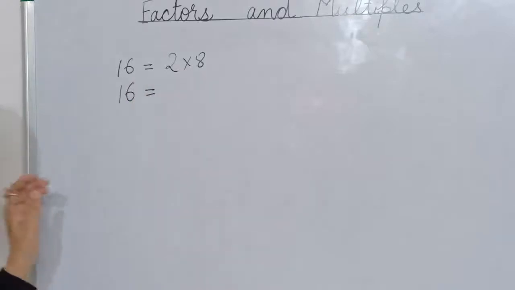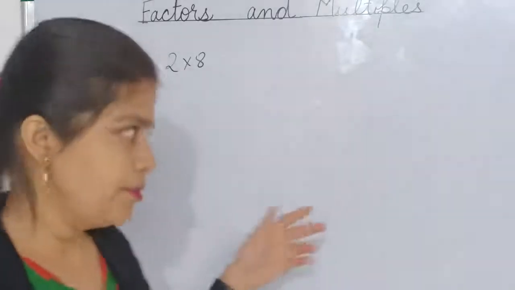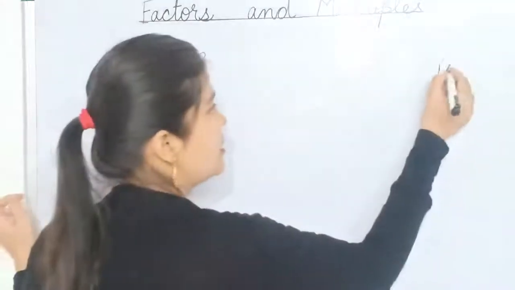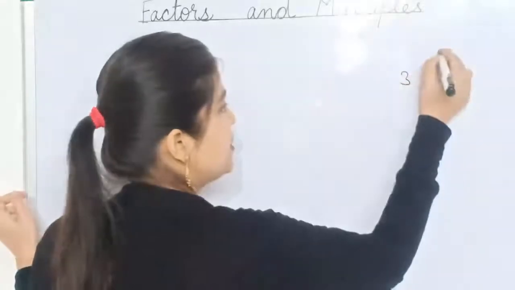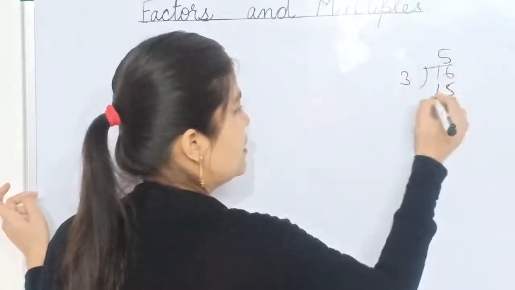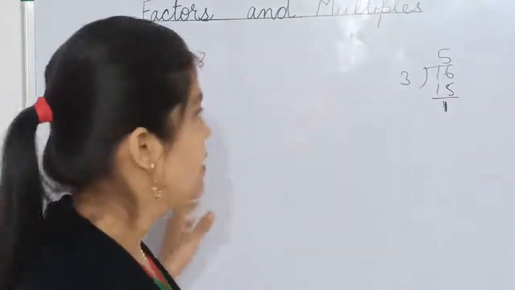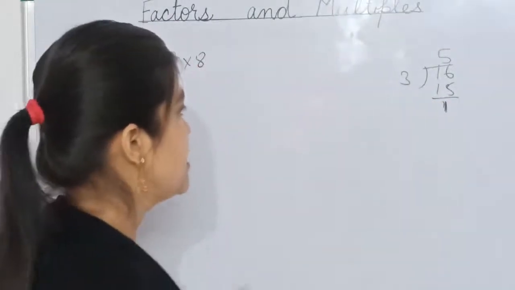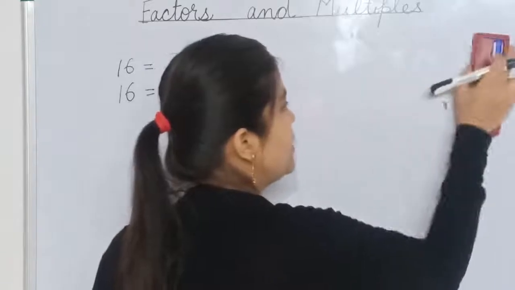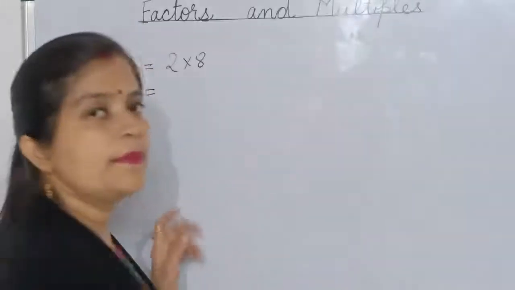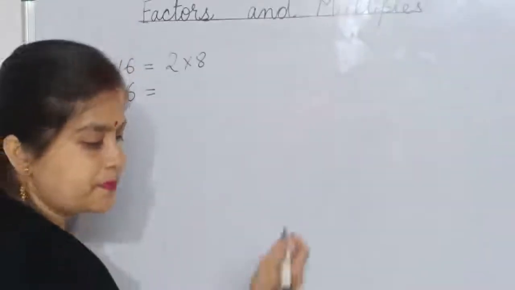Now again, 16 we can't divide by 3. You go on trying, you divide 16 by 3. It will be 3 fives are 15. It is not perfectly divisible. 1 is the remainder. So we can't divide 16 by 3, but we can divide 16 by 4. Okay.